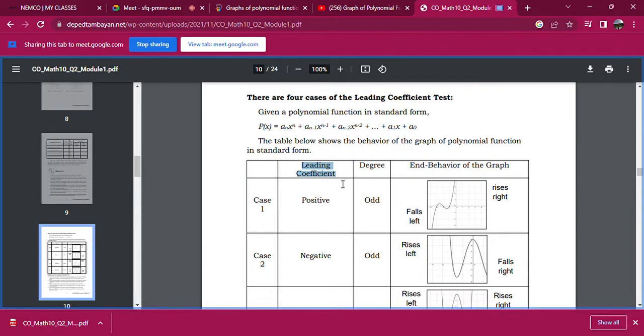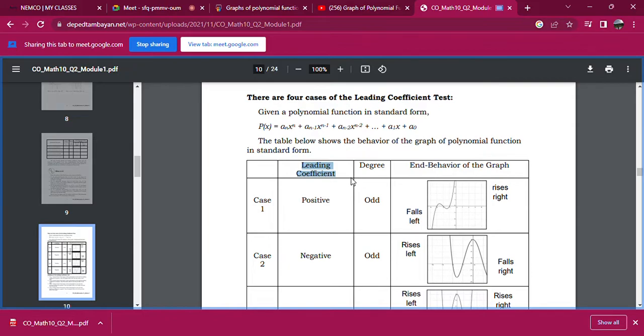Ang leading coefficient kay 1, kay unsa man ang number nga pilit sa x cubed? That is 1. Kung may 2x cubed, ang ato leading coefficient kay 2. Kung 3x cubed, ang ato leading coefficient kay 3. So, kung may x cubed, ang leading coefficient nato is 1.